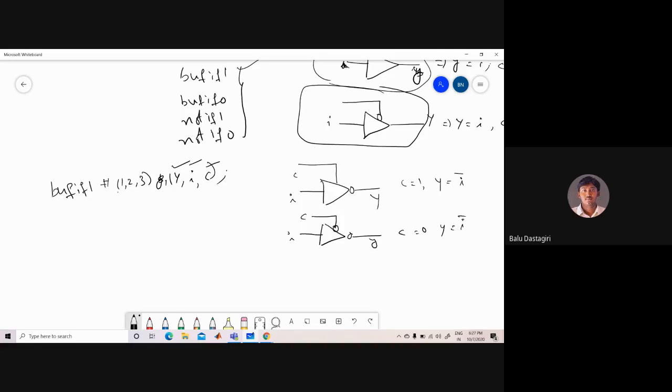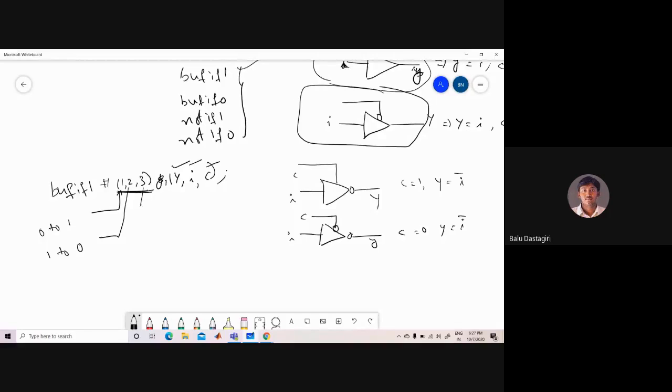Here we have given 3 delay values in time units. The first one is the delay associated with the output going from 0 to 1: whenever the output Y goes from 0 to 1, the delay is 1 time unit. The next is when the output Y goes from 1 to 0, the delay associated with the gate is 2 time units.